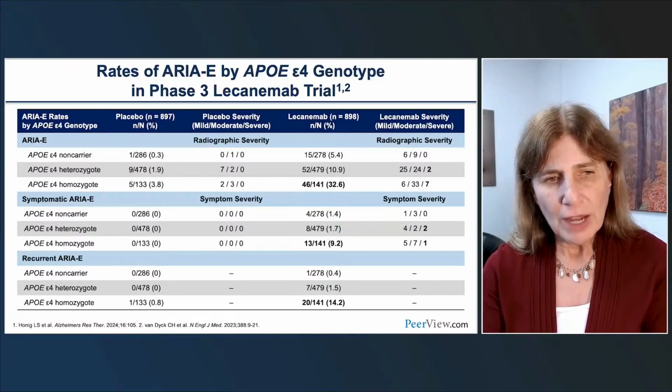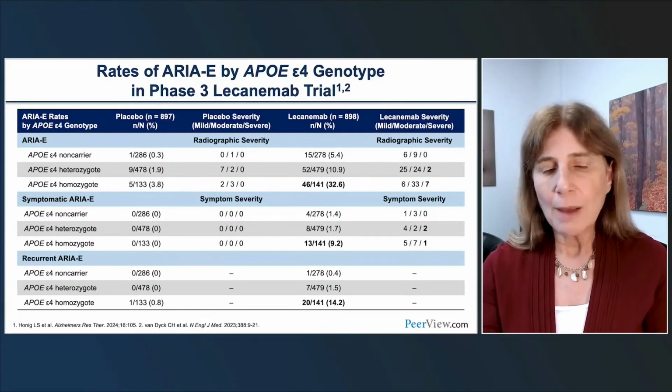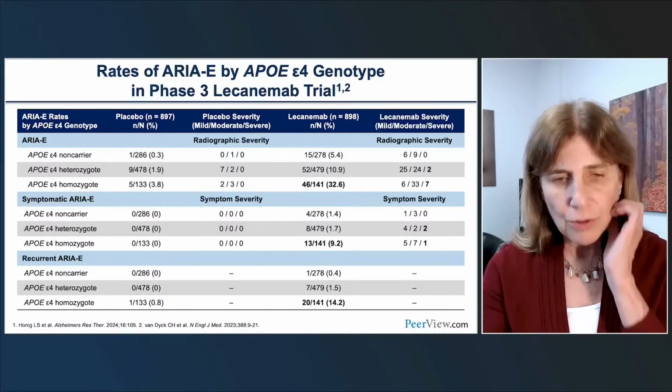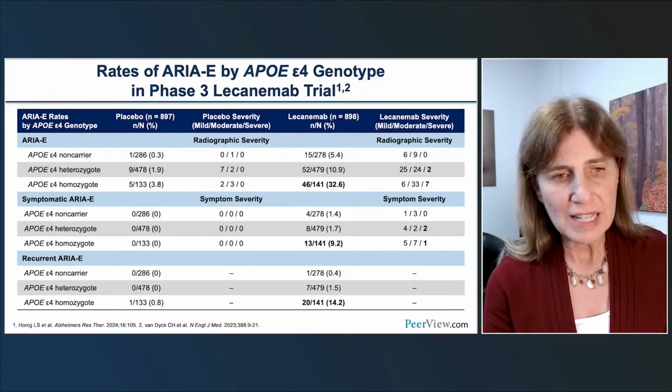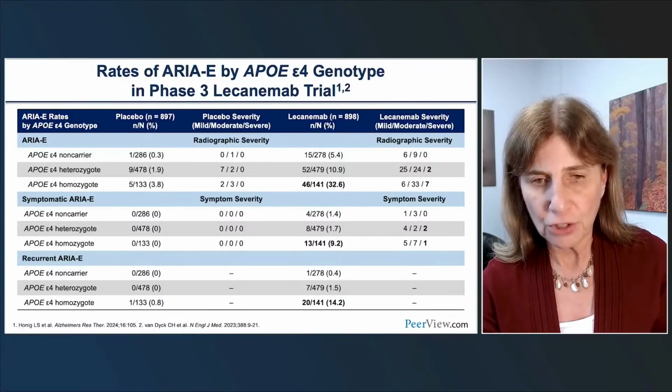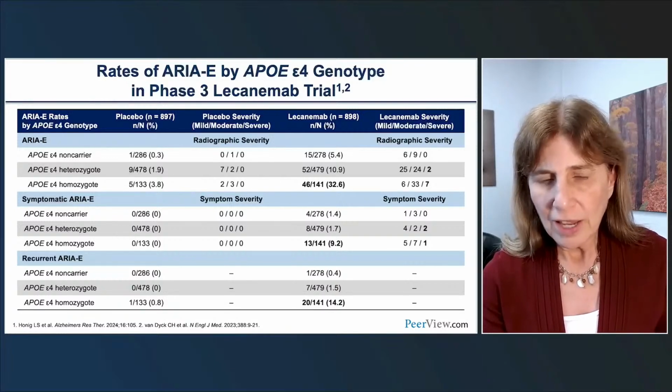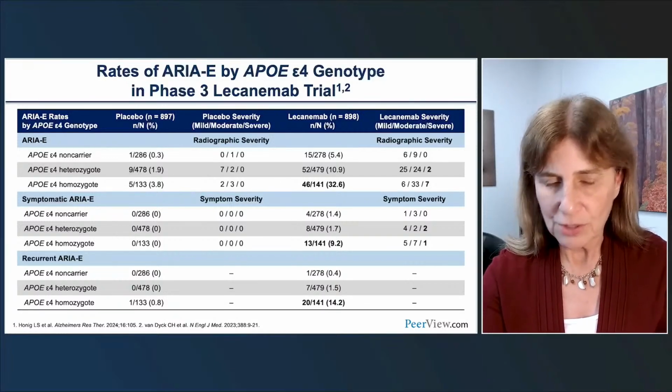And finally, if we look at recurrent ARIA, ARIA often happens just once in any given patient and doesn't tend to recur. However, there is a greater risk of recurrence in the ApoE4 homozygotes. About 14% will have recurrence, compared with 0.4% in the non-carriers and 1.5% in the heterozygotes.